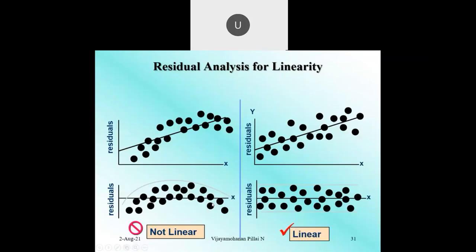Then whether they are independent or not, the error independence, that is, no autocorrelation. If the residuals have a pattern like this, a cyclical pattern, then they are not independent.